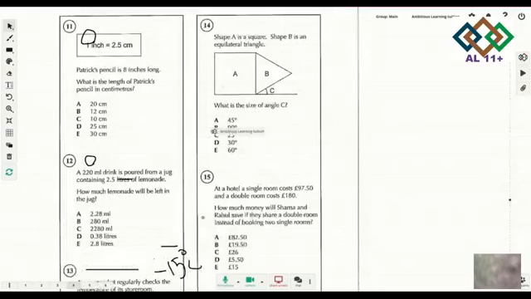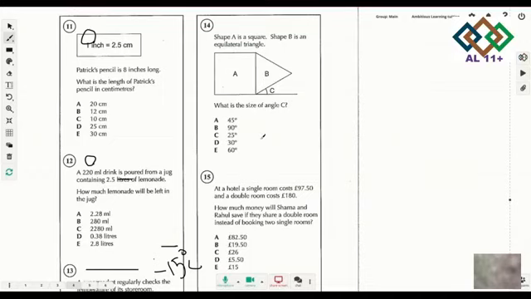So let's do the answer for number 14. Number 14, they're just asking you, shape A is a square, shape B is an equilateral triangle. What's the size of C? You know that the right angle is always 90 degrees. The angles in a triangle add up to 180.